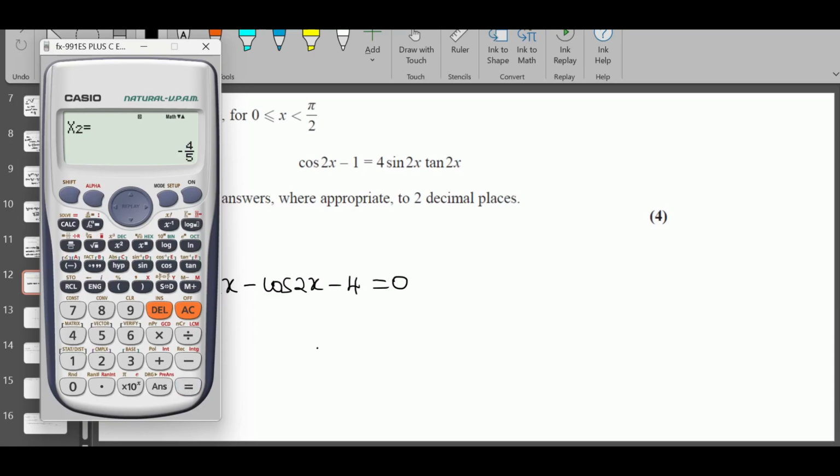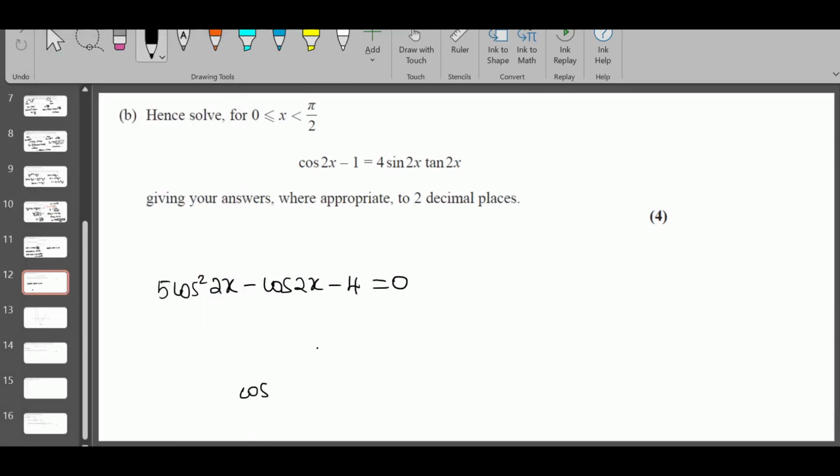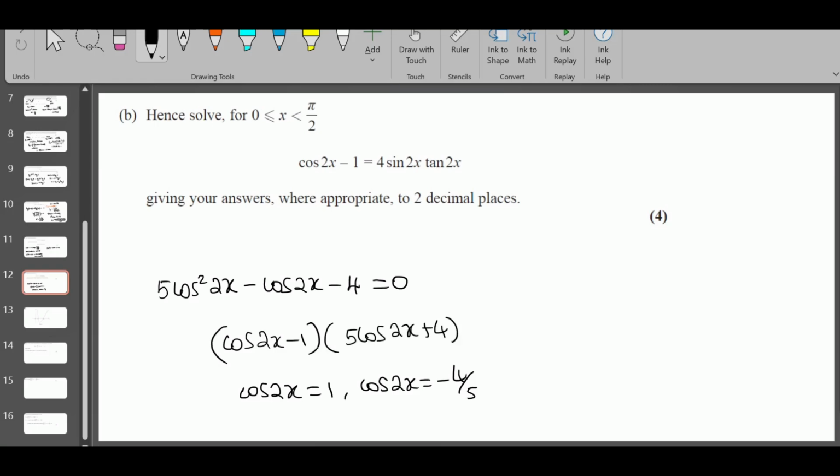Cos 2x is 1. Cos 2x is minus 4 over 5. Write it as a factor, cos 2x minus 1 times 5 cos 2x plus 4 is 0. Don't skip that step. Now we have two equations, we need to solve them in this limit.